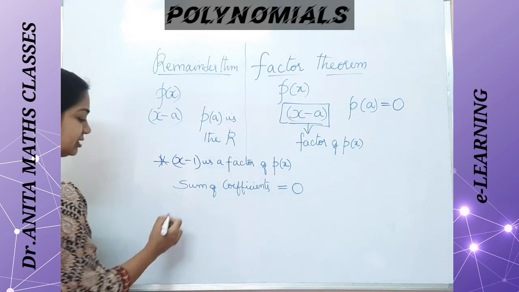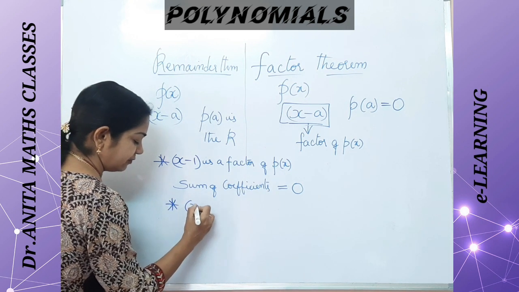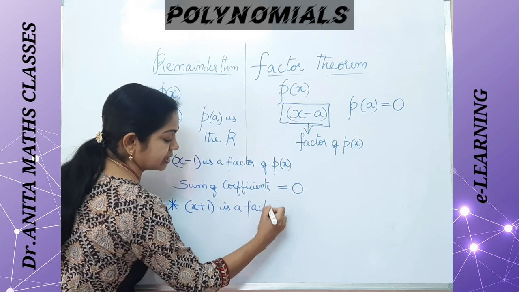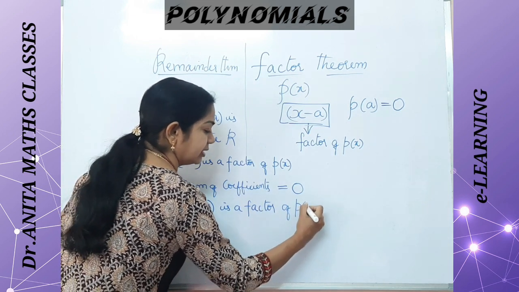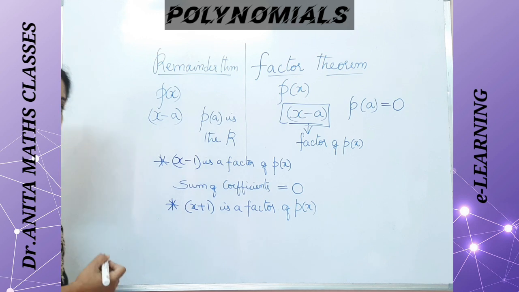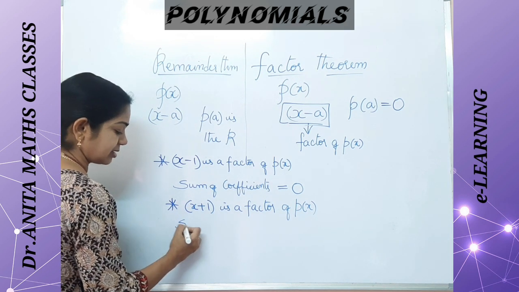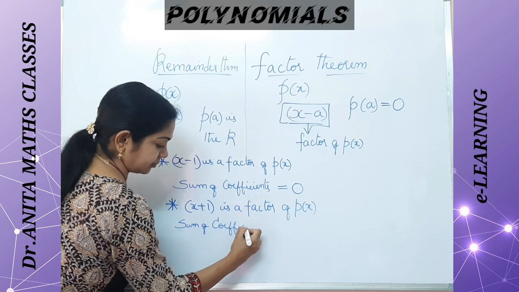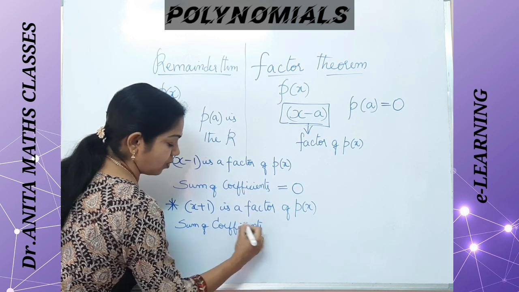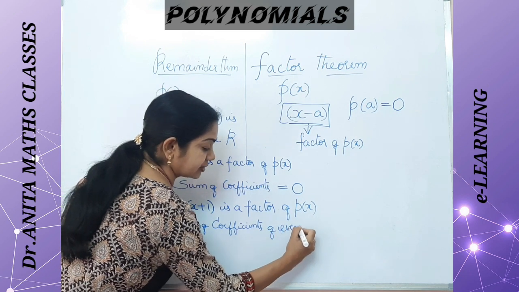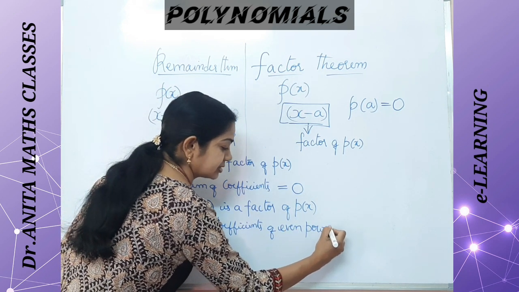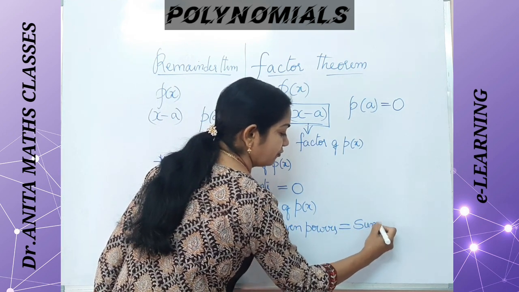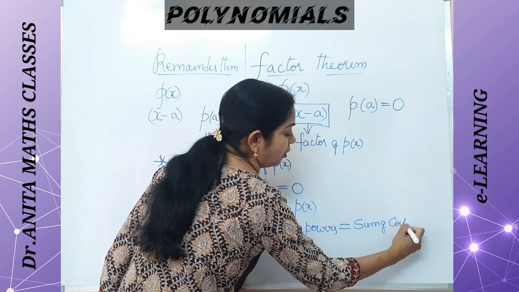This is one condition. Another condition is that if I tell you x plus 1 is a factor of a polynomial, say a cubic polynomial, then the condition is that the sum of the coefficients of even powers is equal to the sum of the coefficients of odd powers.